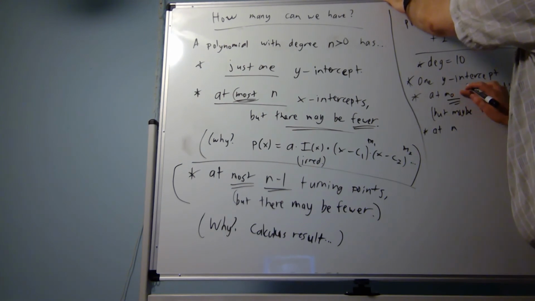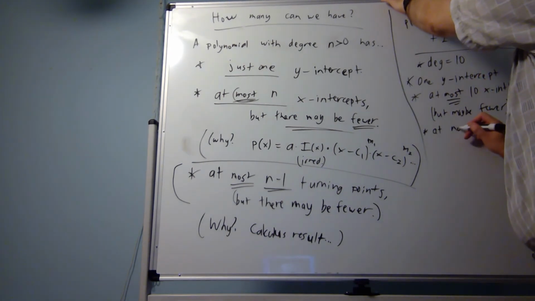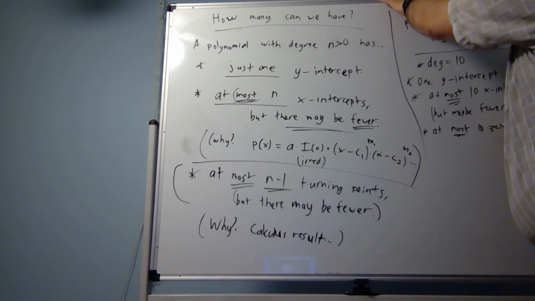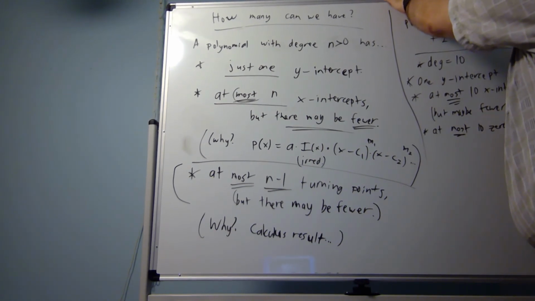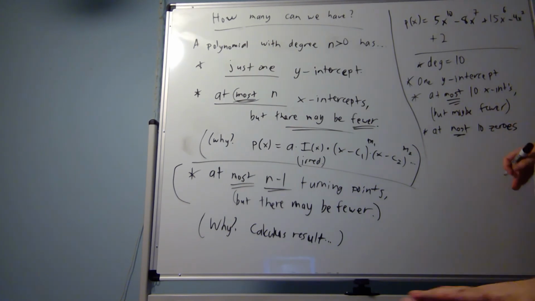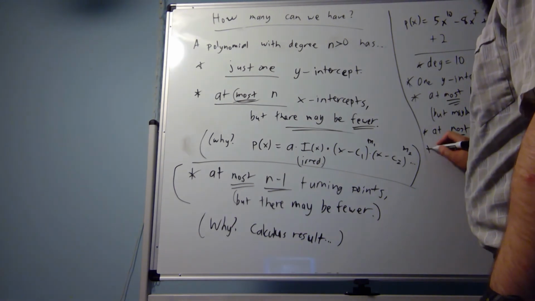So at most 10 x-intercepts, at most. So the zeros are just the x value. The x-intercept is the ordered pair thought of as something that's on the graph. So they're kind of the same information, but formatted a little bit differently.